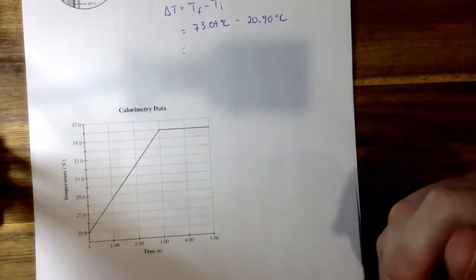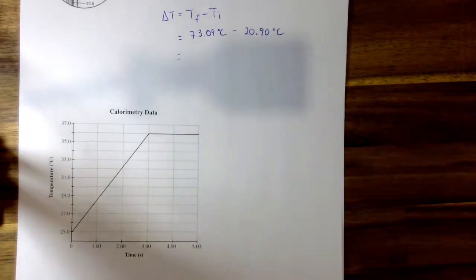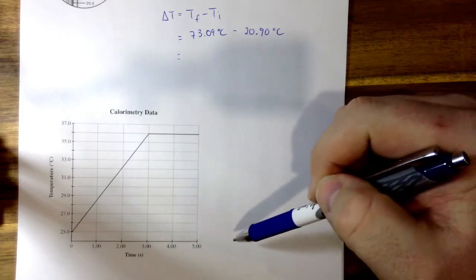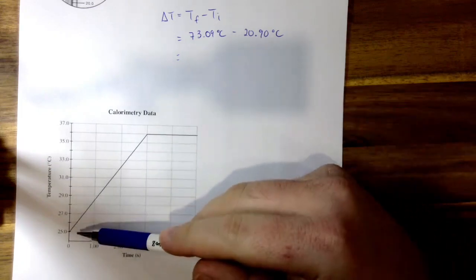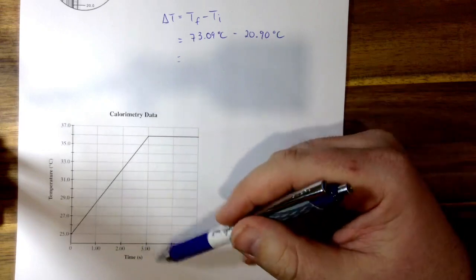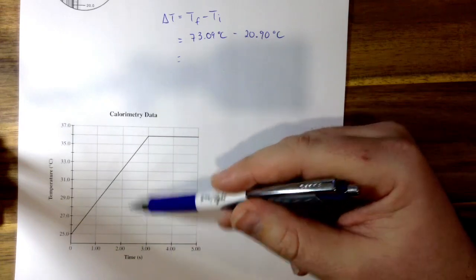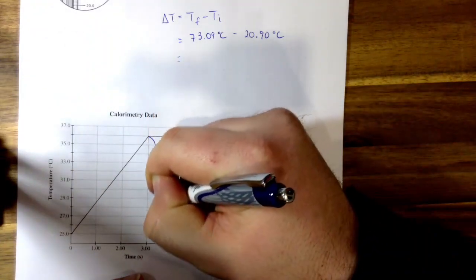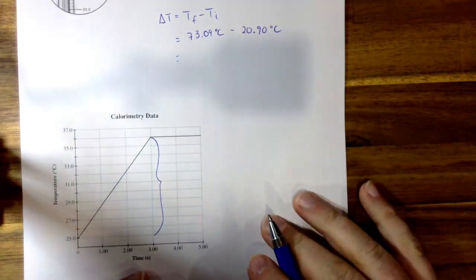The last way they could do this for you is by giving you a graph. They could say that the temperature was recorded every second for 5 seconds. You can see here it went from 25 to 36 in 3 seconds. This 3 doesn't matter. It's just that temperature change you're interested in. So really I'm looking from here to here.